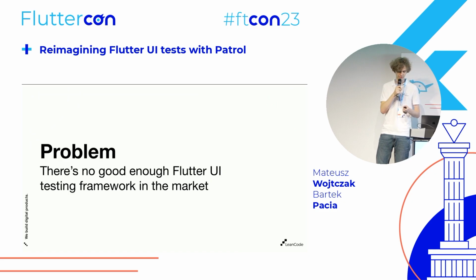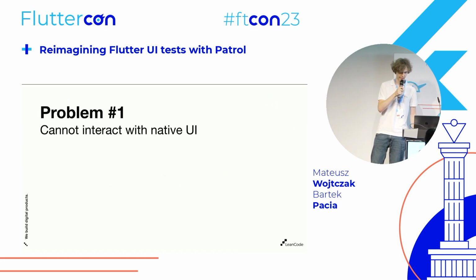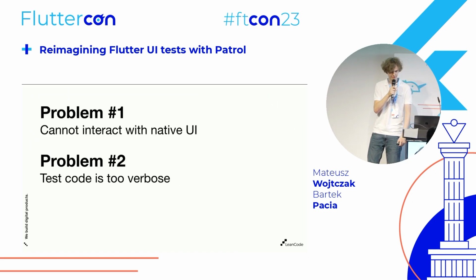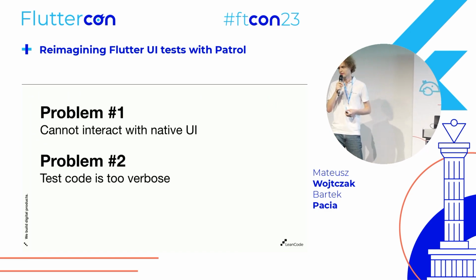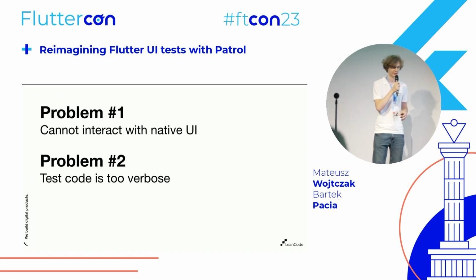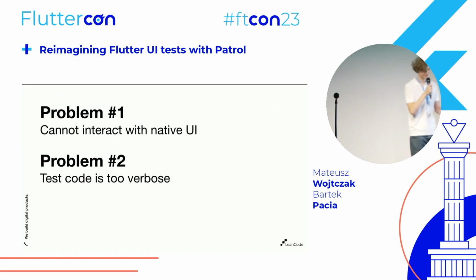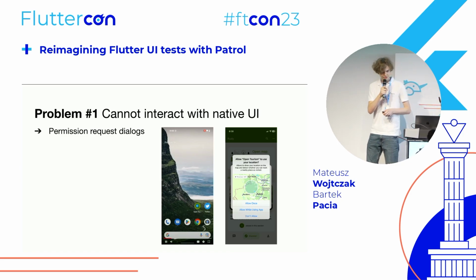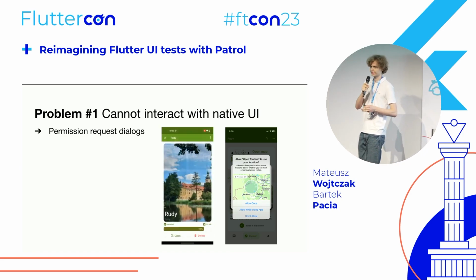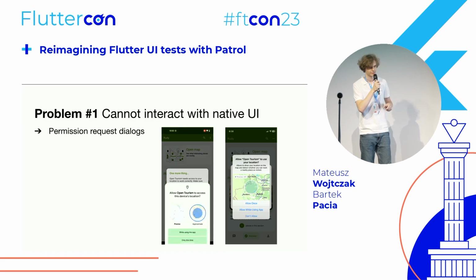So what are these problems? Let's take a look. We found two problems. The first problem, and that's the most annoying, the worst problem, is the inability to interact with native UI. And the second one, a bit less important but still annoying, is that test code that we write in our tests is too verbose. So let's say that you're writing an end-to-end UI integration test in your Flutter app and it works well.